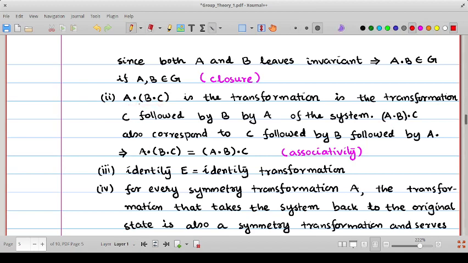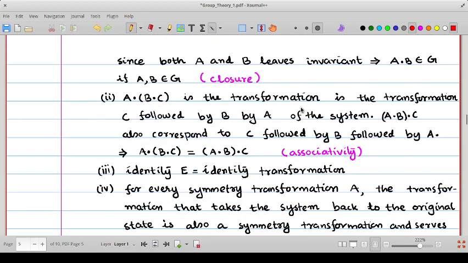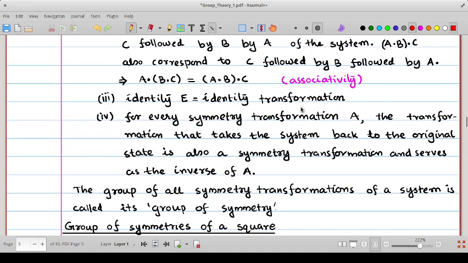So that means A dot (B dot C) is the same as (A dot B) dot C. That means the composition that we have defined here also is associative.